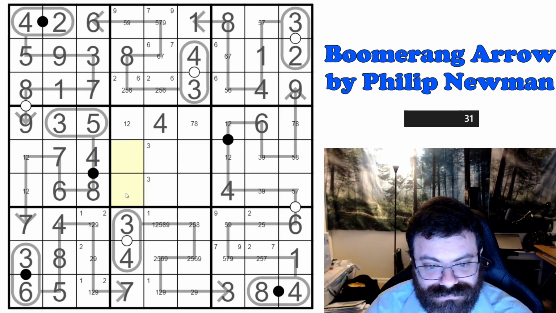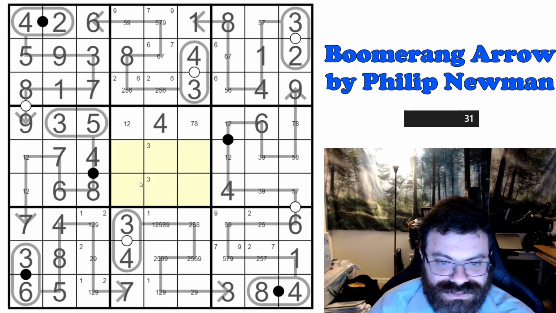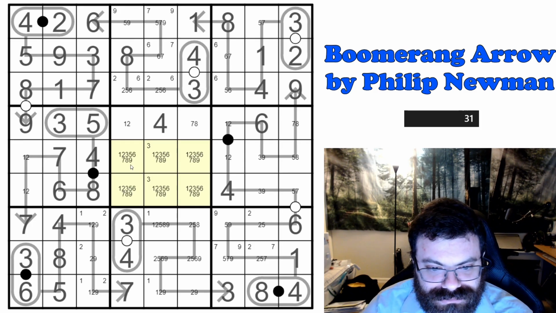Okay, this column, do I just fill? Can't have a 3, 4, or 7 here. 7 already eliminated. Or an 8. 3 or 1. And then here we can't have 7s.